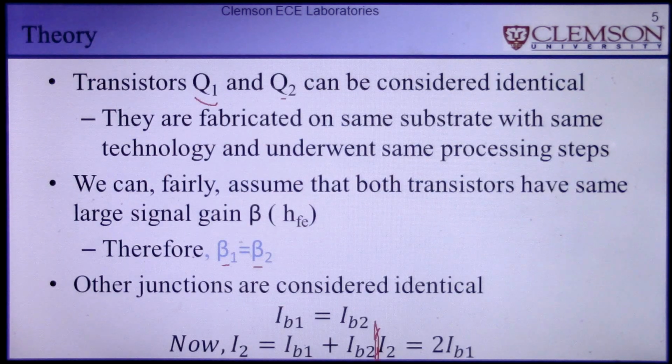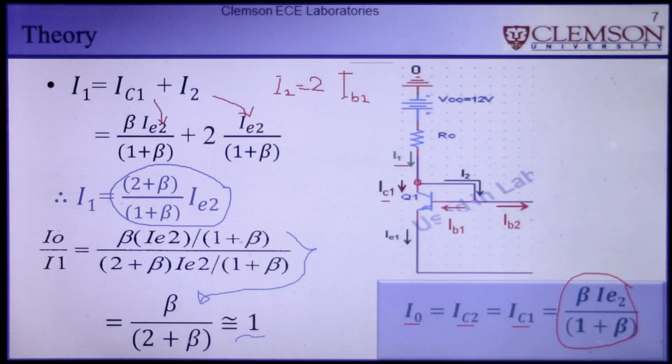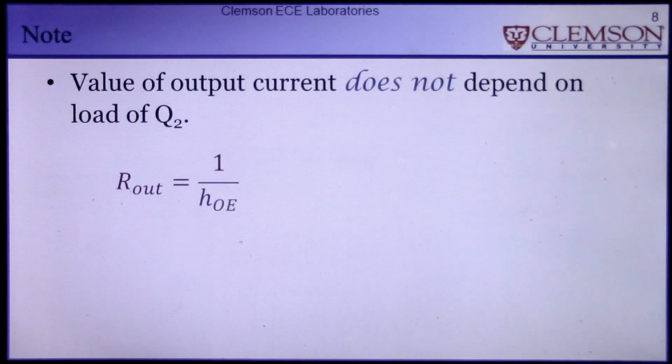So that's what this expression is trying to say. They are almost equal, just a little bit smaller. I output is a little smaller than the I1, but we can assume they're the same. And the value of the output current does not depend on the load on the Q2, and your R output is 1 over HOE if you think with the hybrid parameters.